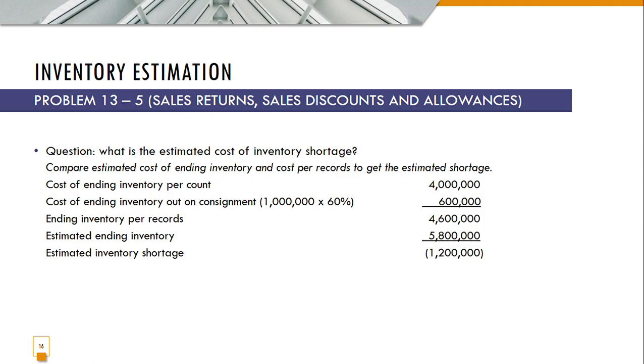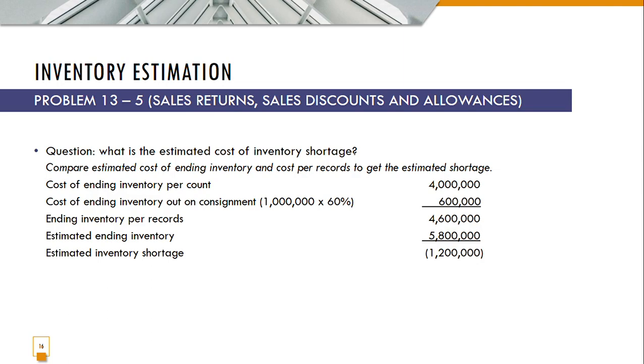Now, this is what is good about estimating inventory cost. Since you have 5.8 M as an estimate, now you can see how much was actually lost, or the cost of inventory shortage. You have to compare it with your records.